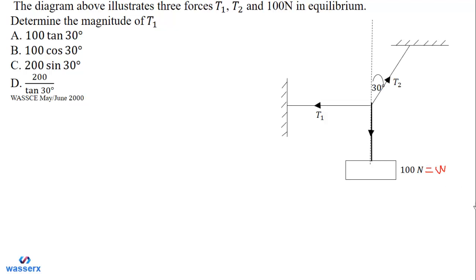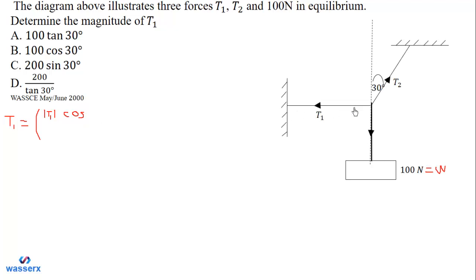Now because they are all in equilibrium, we can resolve them into components. So we are going to resolve all the forces into components and then add them. So let's begin with the first one, which is the tension. Tension 1 is equal to the magnitude of the tension 1 force times the cosine of the angle it makes with the x-axis.